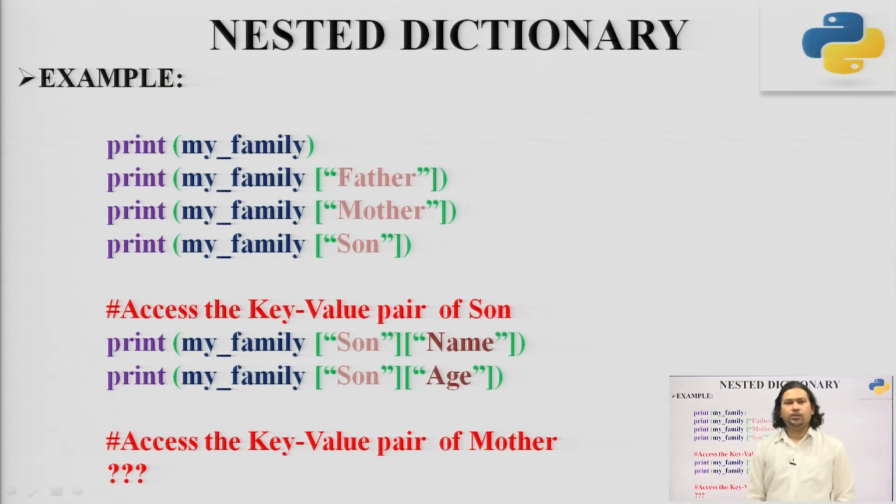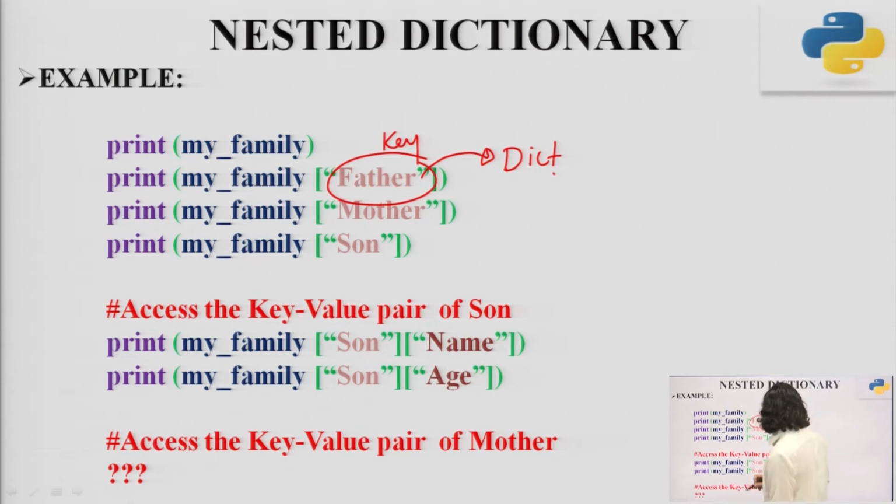Now, how are we going to access the elements in a nested dictionary? It is just like a path. Whenever we try to access the elements, we always access them through the key elements. But when we put the key element to access it, what do we get? We get a dictionary.